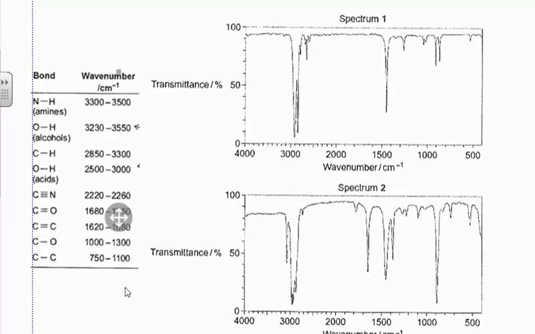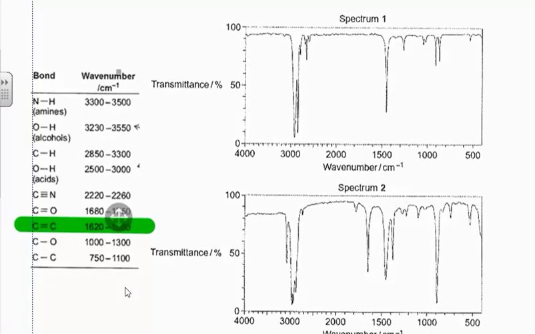This example is asking us to identify which one is a saturated and which one is an unsaturated compound. So we're looking for a double bond, carbon-carbon double bond, like in the previous one. So there we go, we're looking for something around about 1620 to 1680.